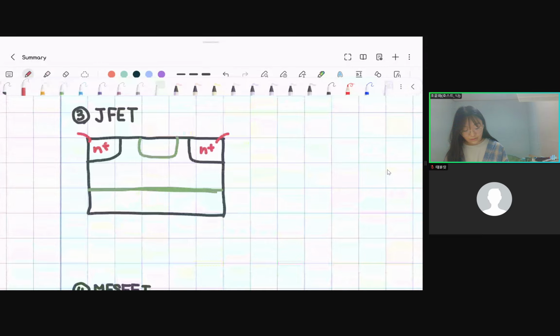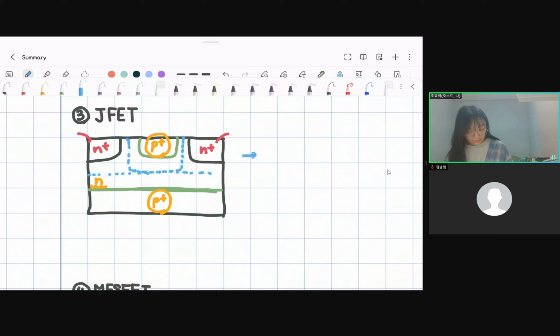We dope it heavily p-type, and the other difference from the N-type MOSFET is that we use a lightly doped n-type substrate. So if you make the device like this, the depletion region is made like this.